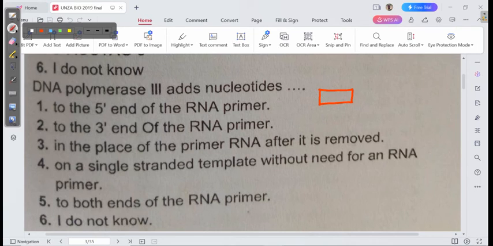It's to the 3' end of RNA. Yeah, so it is at the 3' end of RNA primer. So that is option 2. Anyone who is behind? No one.